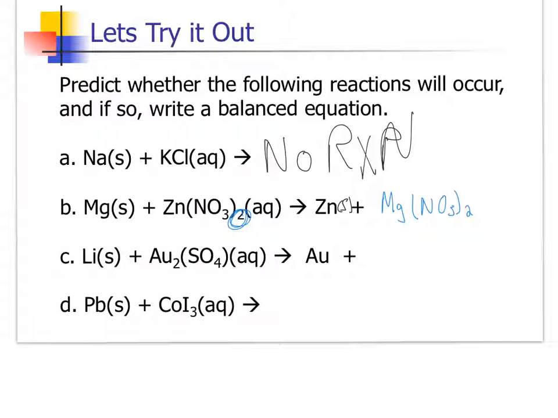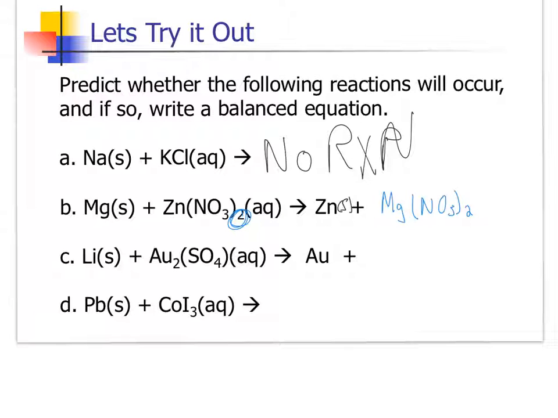You have lithium, which is the most popular on the activity series. So that's the James Dean of his day, so to speak. He's the cat's meow. Everybody wants to be friends with lithium, and so sulfate is going to leave gold. Now, some of you might think, but I want to be gold's friend because gold's expensive. Yes, you might be correct in that, but when it comes to the activity series, it's all about who's higher up.